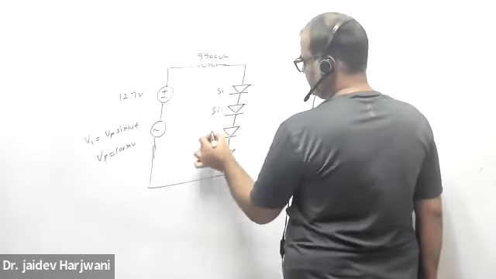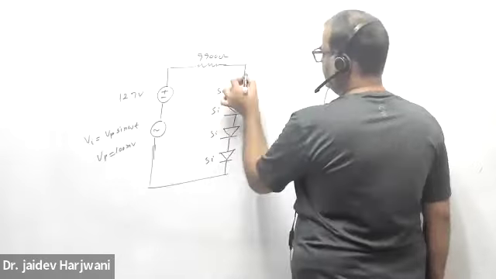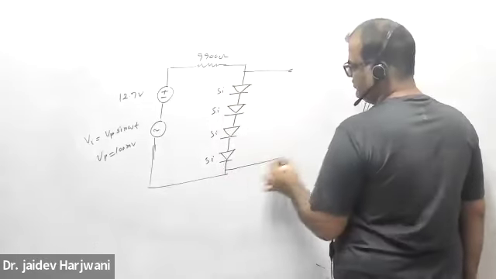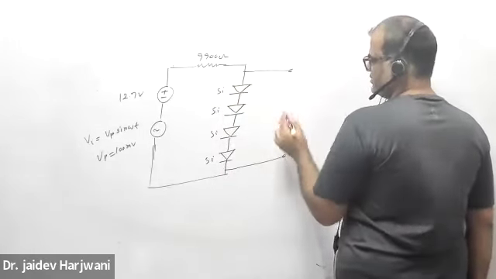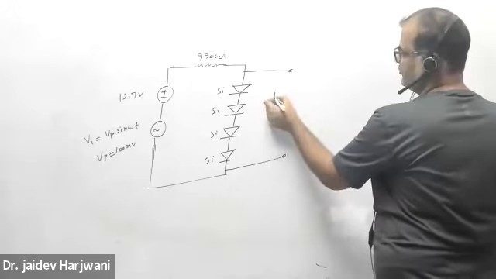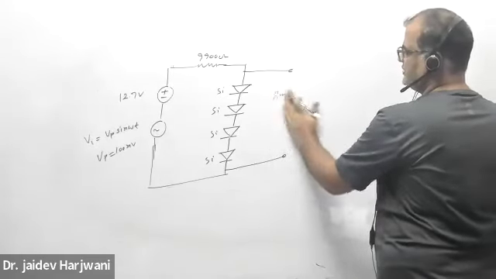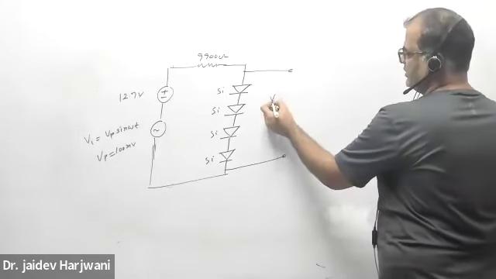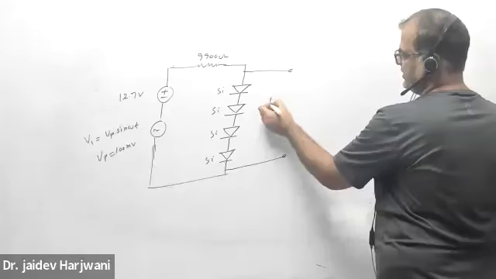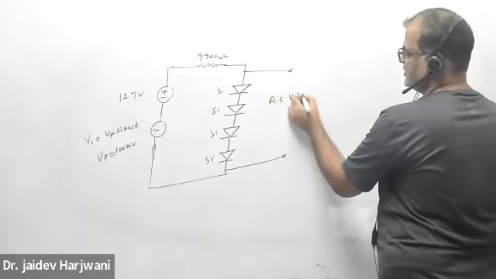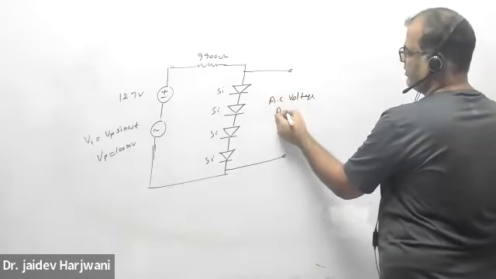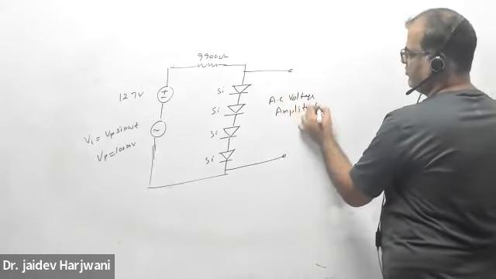You have to find the AC voltage across all these resistances. Find the amplitude of AC output voltage.